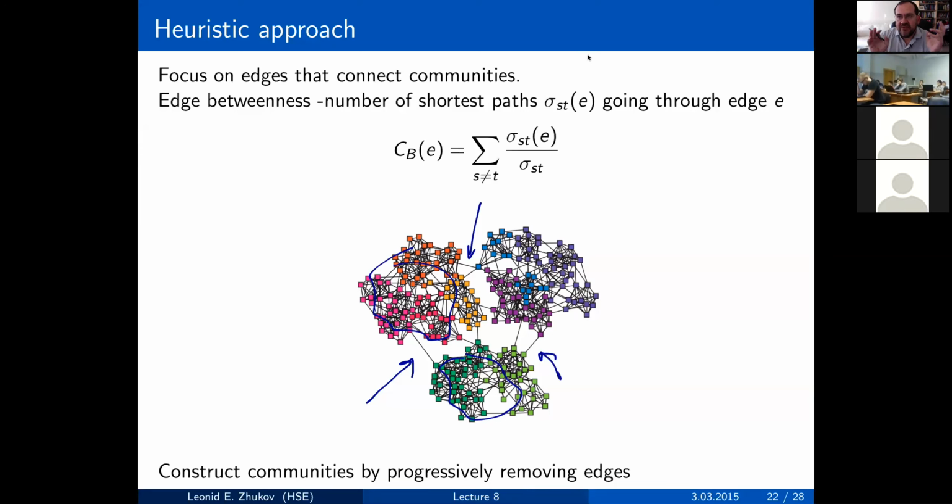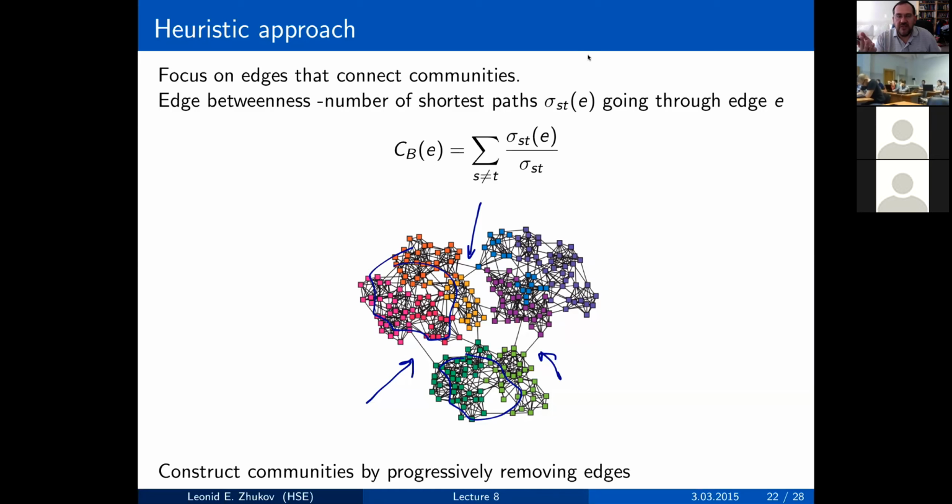Now, the traffic analogy in terms of graph would be, well, shortest paths. So those bridges that connect different communities will have lots of shortest paths going through them. Now, if you remember a little bit, a few lectures back, we talked about the centrality metrics.